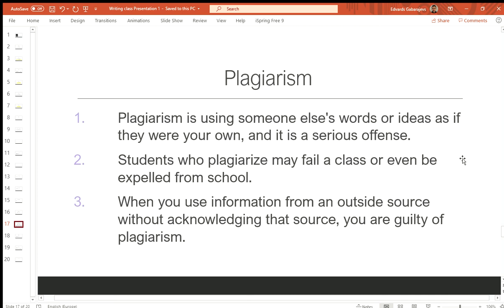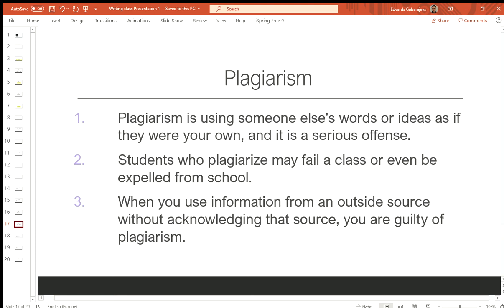However, if you present those ideas and you say, okay, I took it from this person and I took it from this research, then it's good. Plagiarism can be a serious offense, and around the world you can even get expelled from the university or school for committing plagiarism.